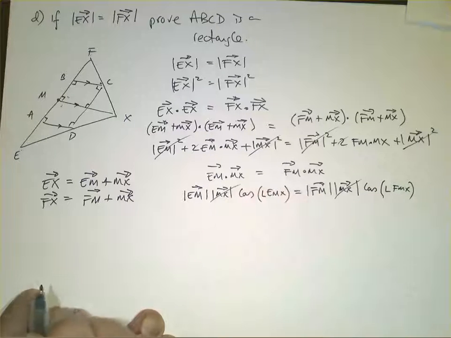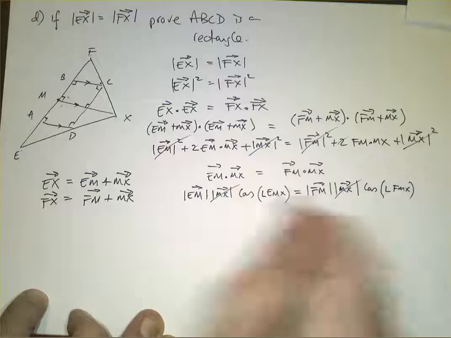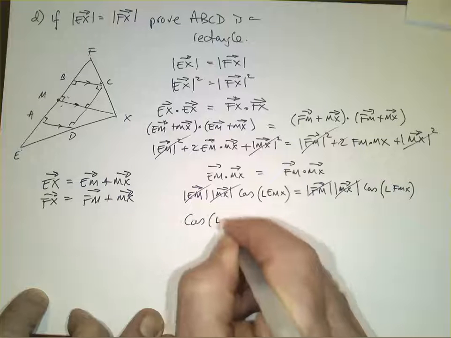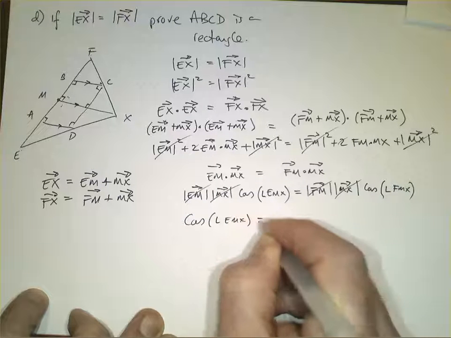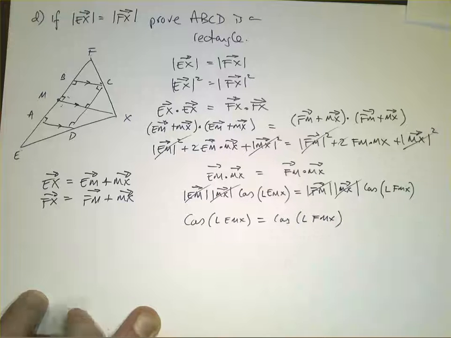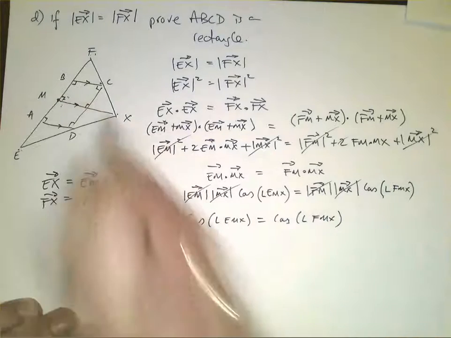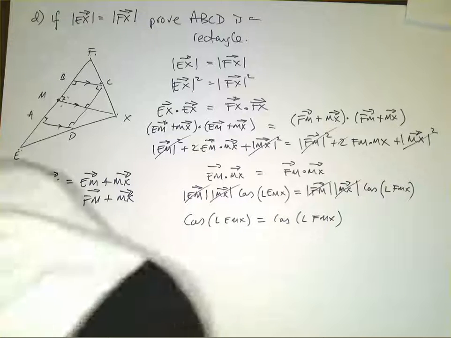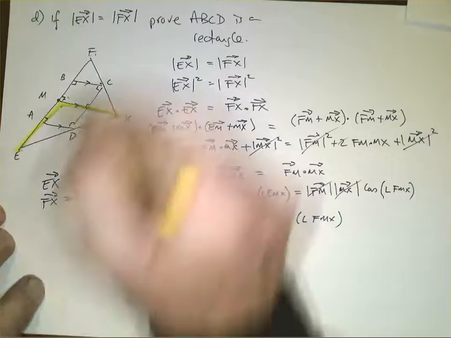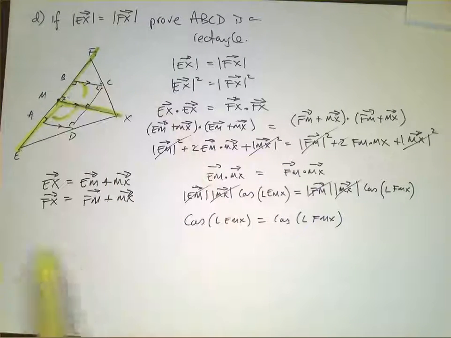MX will cancel with MX magnitude. EM is the same as FM, so they cancel each other. So the cosine of angle EMX has to equal the cosine of angle FMX. I'm looking at these two angles, E to M to X and F to M to X, these are my two angles.